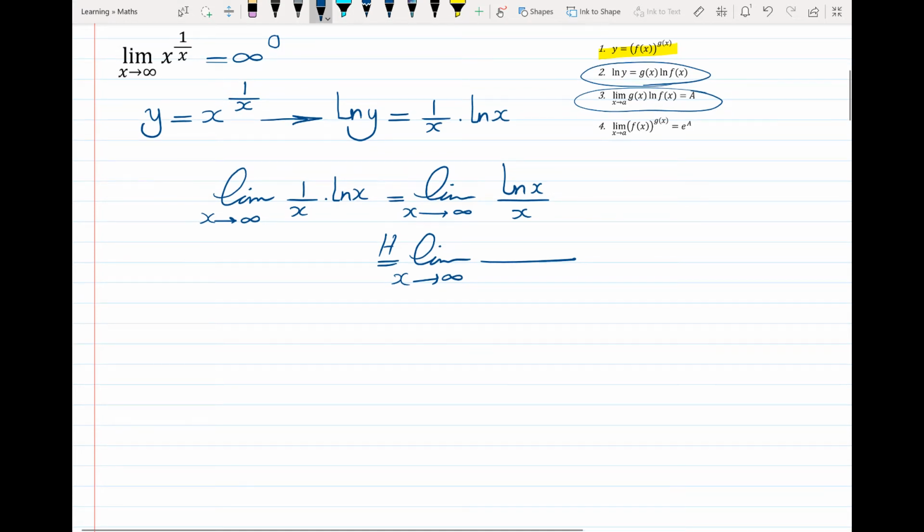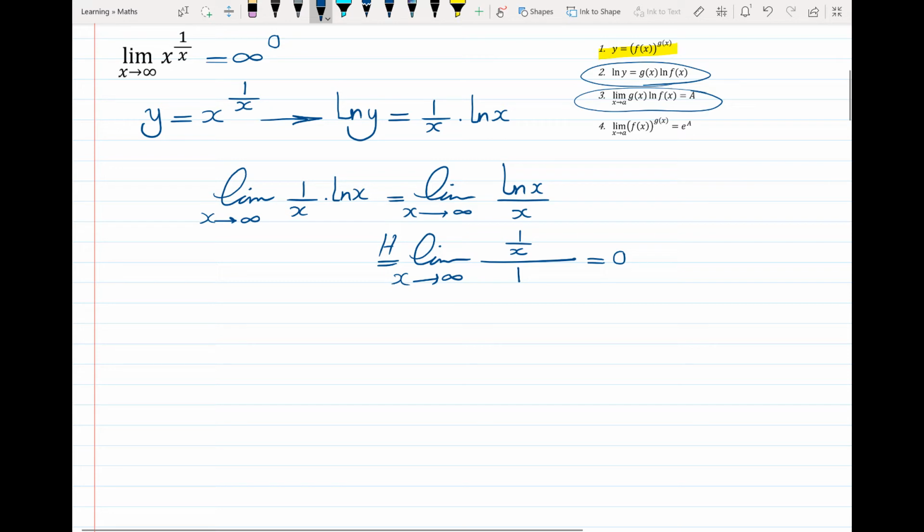Derivative of x in denominator is 1, and derivative of ln of x in numerator is 1 over x. And because x approaches infinity, 1 over infinity equals 0, and 0 over 1 is 0. So limit of 1 over x times ln of x as x approaches infinity is 0.